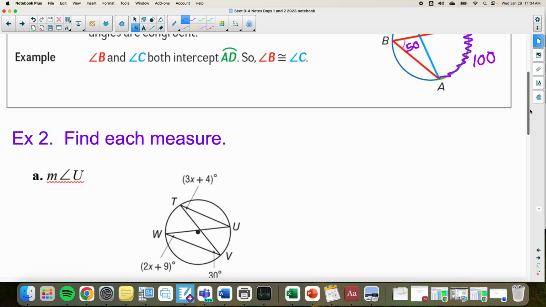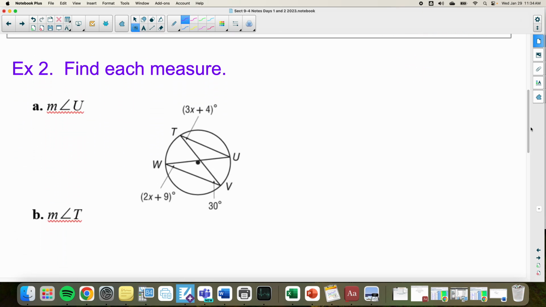Okay, so here is what these problems are going to look like. You're going to have that theorem but done twice. So first of all, they want angle U. Do you guys see that angle U intercepts this arc? And angle V intercepts that same arc? So do you understand that U and V would equal each other then? Okay. And V is 30, so wouldn't U just be 30, right? Everybody get that part?